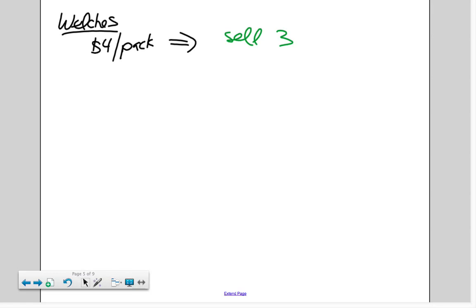Well, I realized for every $0.25 drop, 6 more people want to buy.